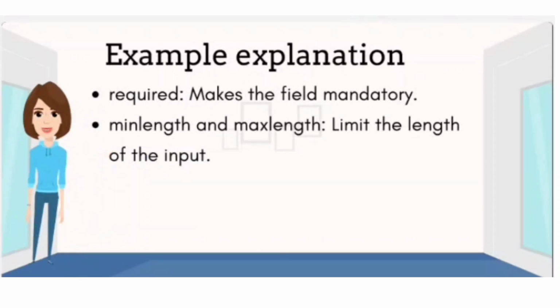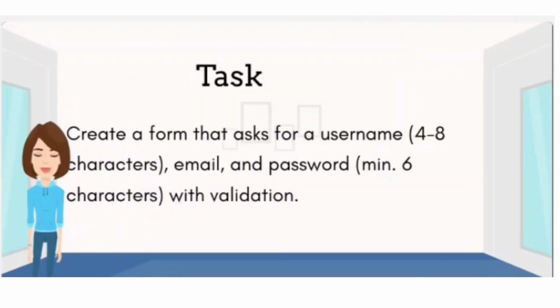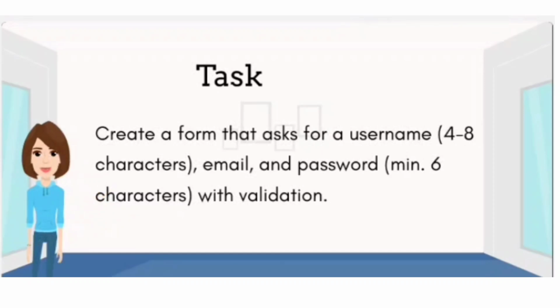Required makes the field mandatory. Minlength and maxlength limit the length of the input. Create a form that asks for a username, 4 to 8 characters, email, and password, minimum 6 characters, with validation.